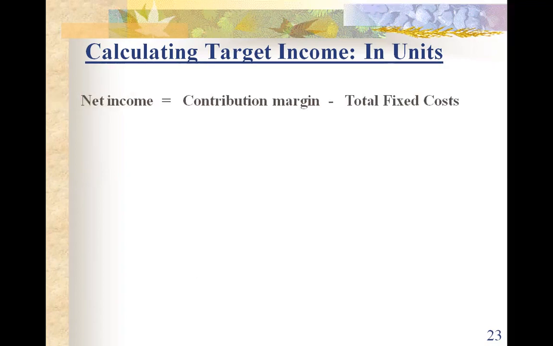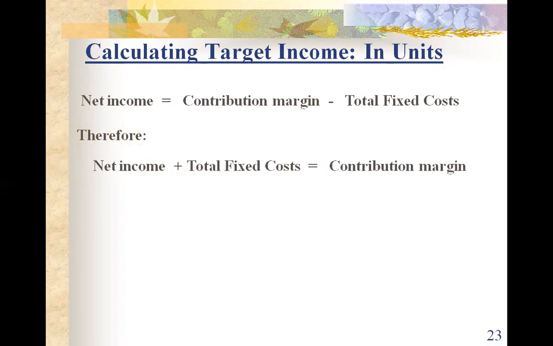So here you see, net income equals contribution margin minus total fixed cost. Therefore net income plus total fixed cost equals contribution margin. Now from this formula, net income equals what? Contribution margin minus total fixed cost.